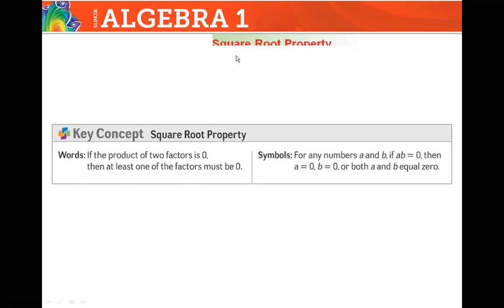So if you have two numbers and you multiply A by B and the result is 0, then A may be equal to 0, or B may be equal to 0, or both of them are equal to 0. So to get 0 by multiplying, at least one of the two factors must be equal to 0.